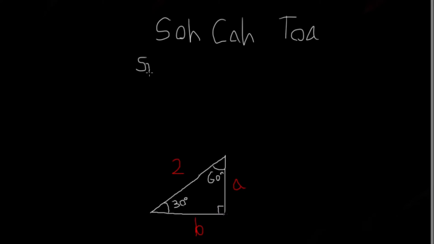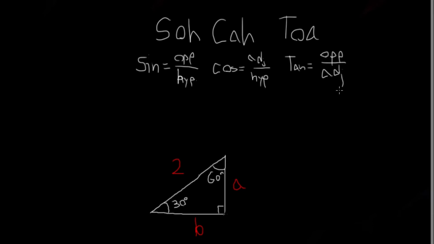The sine is equal to opposite over hypotenuse. And the cosine is equal to adjacent over hypotenuse. And the tangent is equal to the opposite over the adjacent.